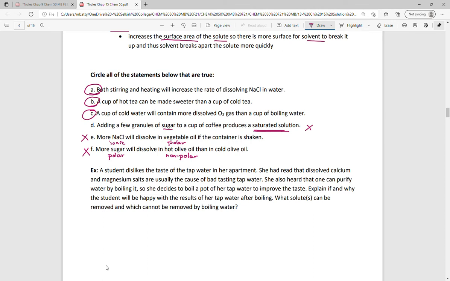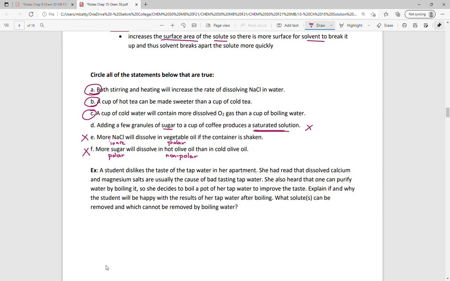So here's one more application just to test your understanding, and then we're going to get into some math and some numbers. A student dislikes the taste of the tap water in her apartment. She's read that dissolved calcium and magnesium salts usually cause water to taste bad. She also heard that you can purify your water by boiling it. So she decides to boil it to improve the taste.